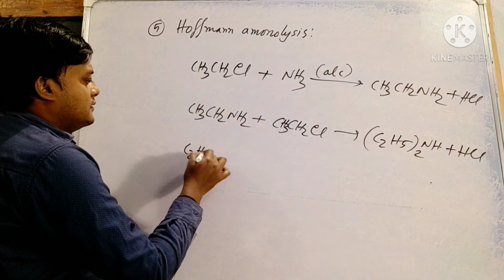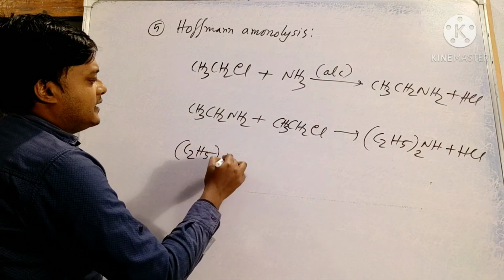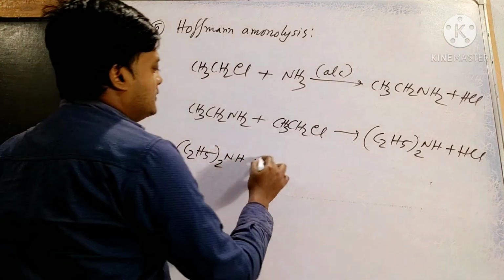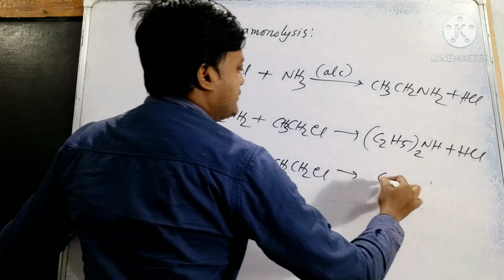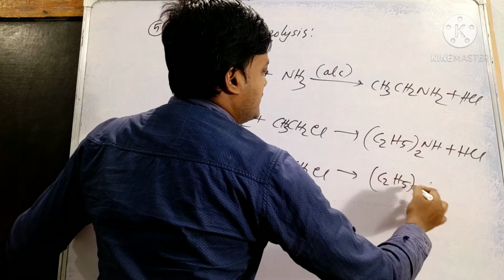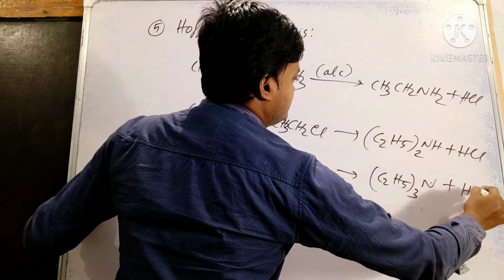Next, that diethylamine reacts with another ethyl chloride. It will form triethylamine.